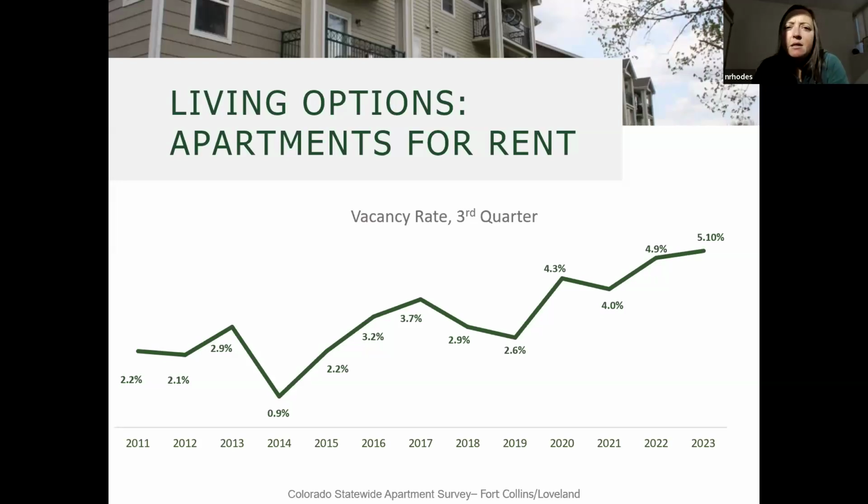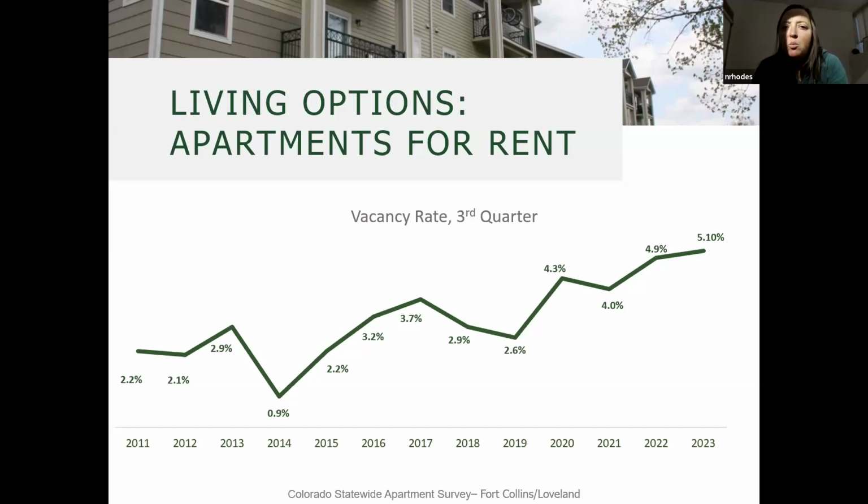So the state of Colorado collects information for us about vacancy rates. A vacancy rate is measuring of all the rental units that we have in our community, how many of them are open and available for rent at any given time for a new tenant to move in.